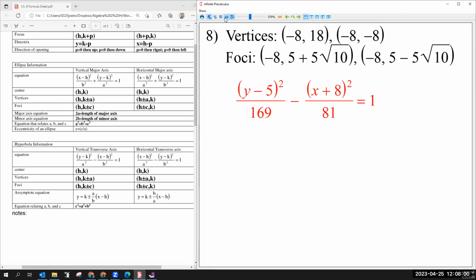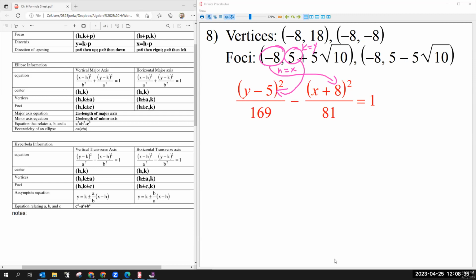So remember, was it vertical or horizontal? Vertical. So that means the y has to come first, right? Well, this is my h, meaning it's in the x spot, right? And that's my k, which means it's got to be in the y spot. So that's got to stay with the x, and that one's got to stay with the y. So whenever it's vertical, you're always going to have to switch those. X is going to come second, y is going to come first.